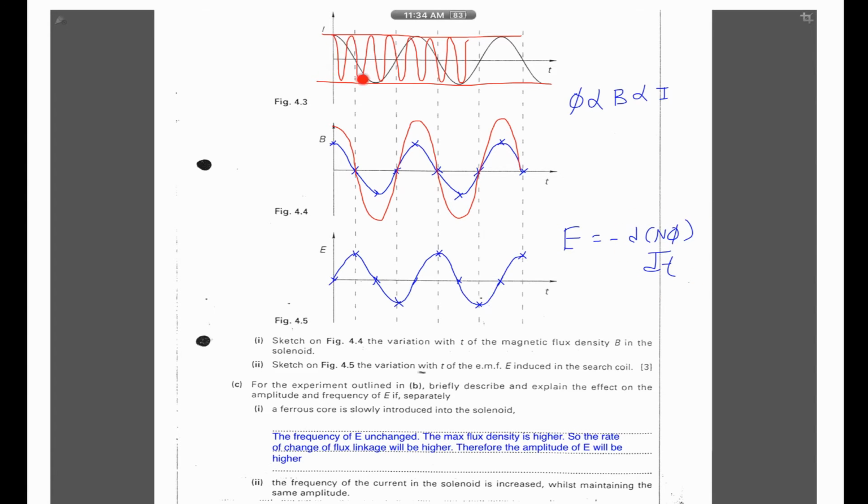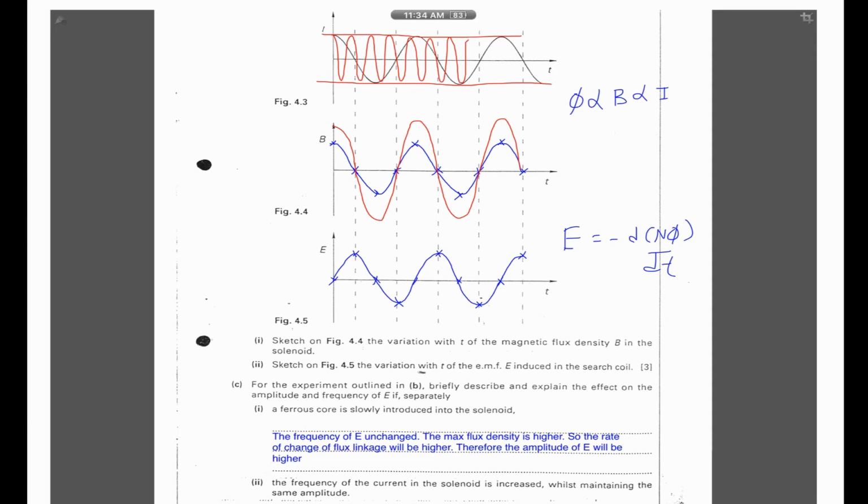With your red graph here, which is higher frequency, is the gradient still the same as the original gradient? No, you still have a steeper gradient. Because the gradient is steeper for your current, your flux density also has a steeper gradient. So steeper means definitely you will have a higher induced EMF. That's what many people don't realize.